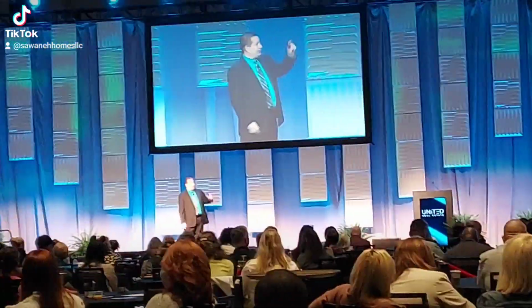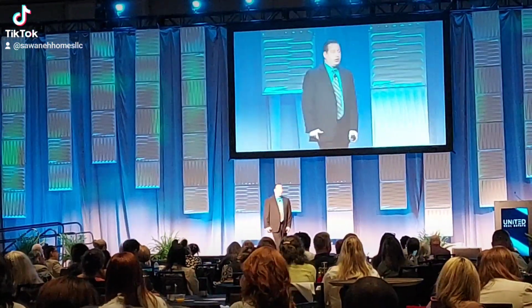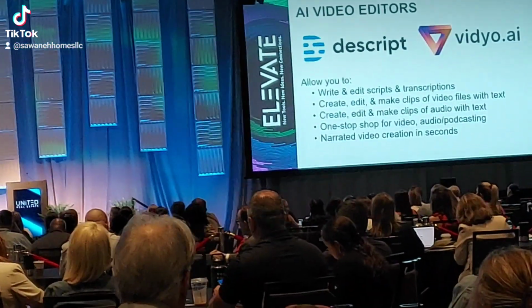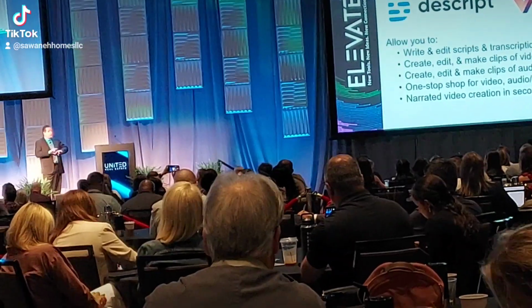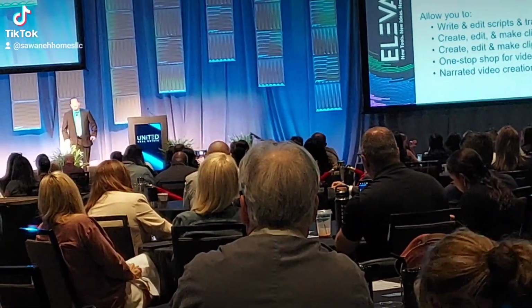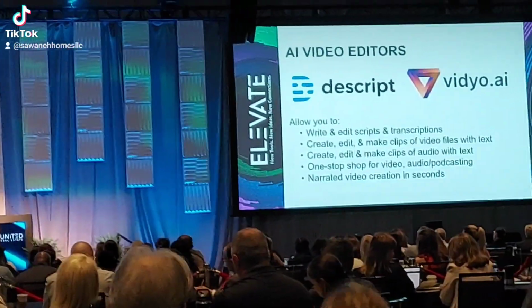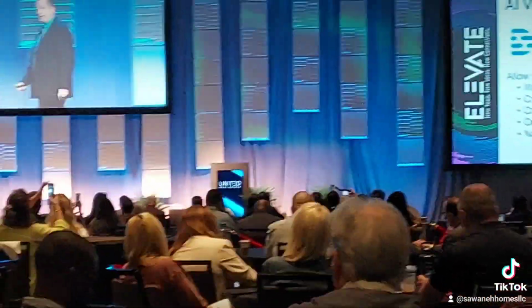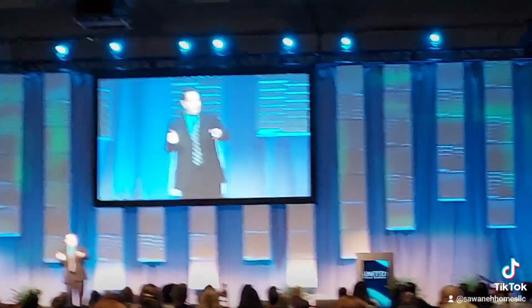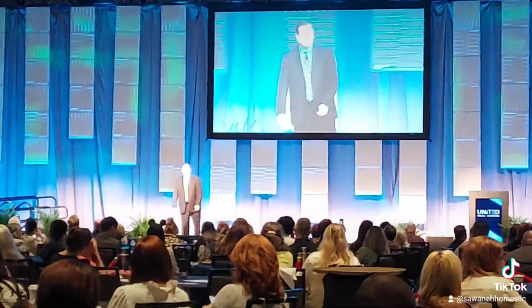Or you can edit the video based on the script. So you can go in and say, remove all my ums just by deleting them out, or clip this part out. So these kinds of tools are literally using AI to do complete video creation and also social media video creation. Let's say I created a 25-minute video, it would basically go through and say, I can make 12 different reels for you out of this.